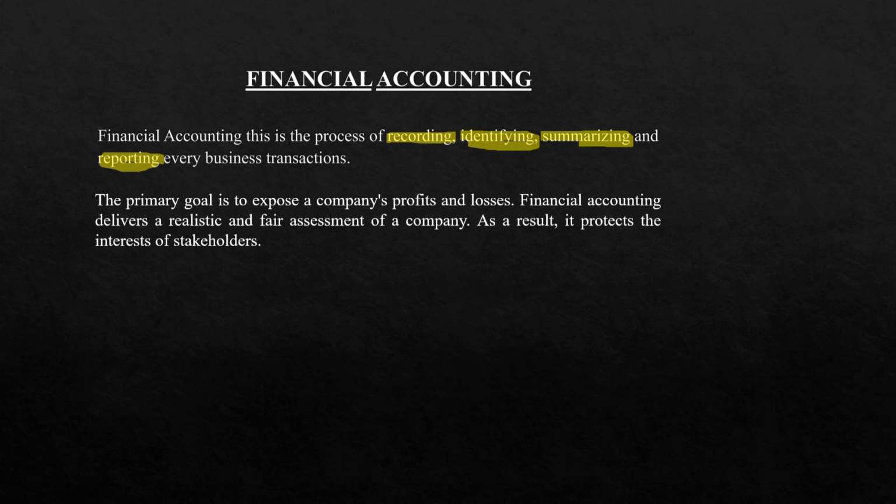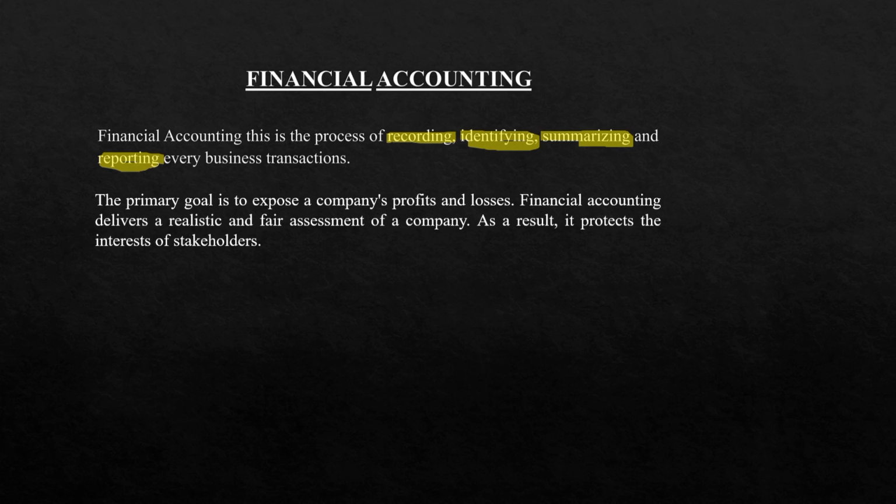So after recording, the time will come now for you to start identifying those transactions. You identify those transactions, you group them, then you start summarizing. After summarizing, the time will come for you to make the report.